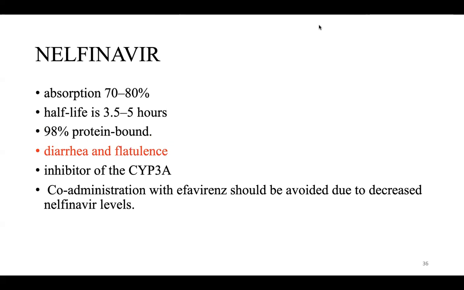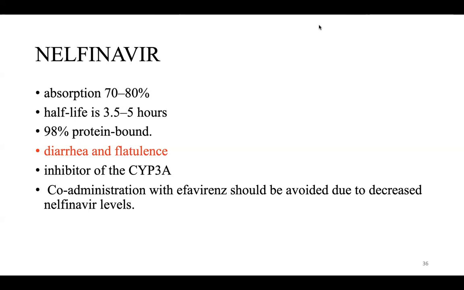Nelfinavir has high absorption in the fed state, undergoes metabolism by cytochrome P3A, and is excreted primarily in the feces. The plasma half-life in humans is 5 hours, and the drug is more than 98% protein bound.